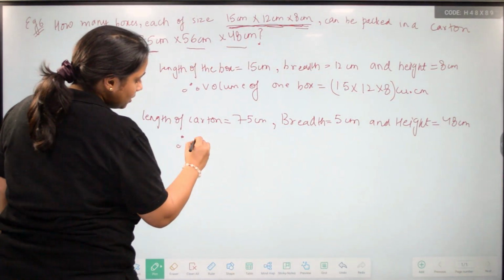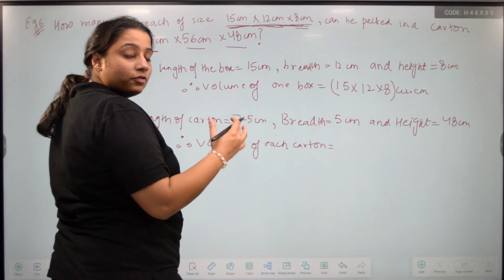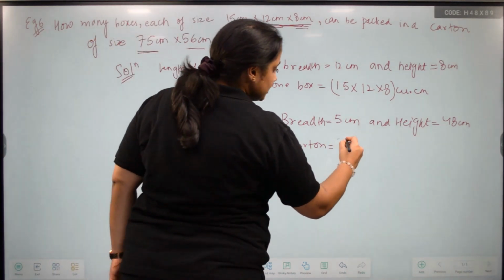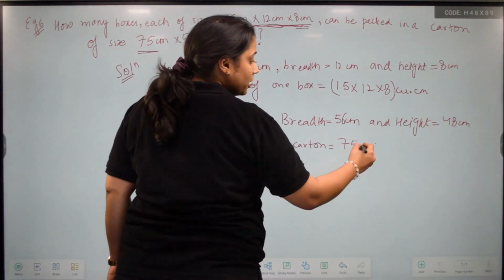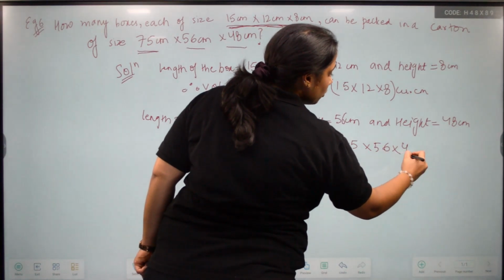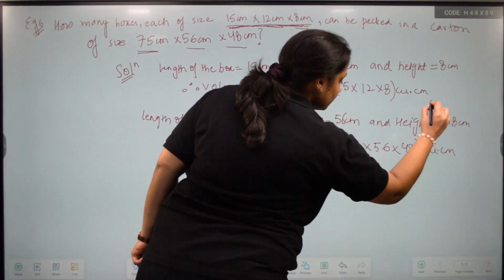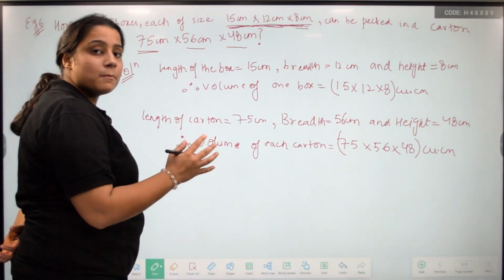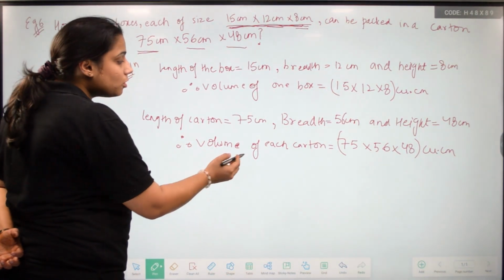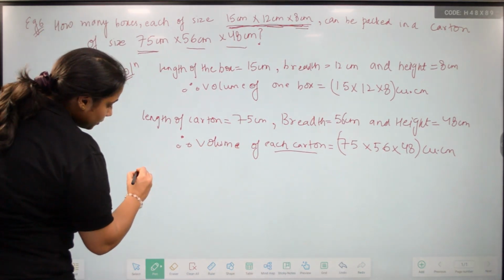Therefore, its volume is equal to the product of length, breadth and height, which is 75 centimeters into 56 centimeters into 48 centimeters, making it cubic centimeter. Now for finding the required number of boxes, we need to divide the volume of the carton by the volume of one box.